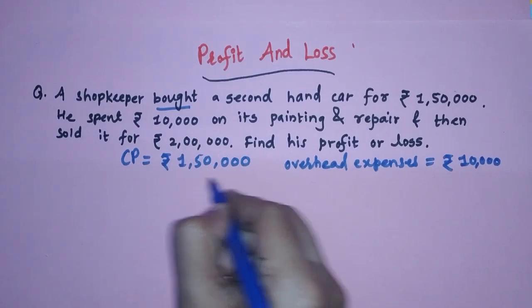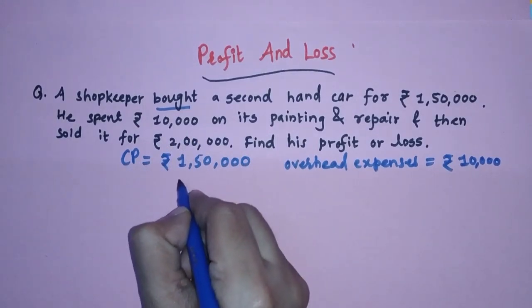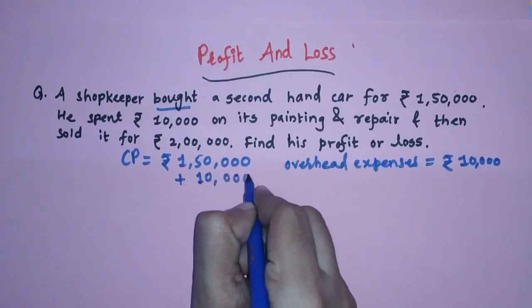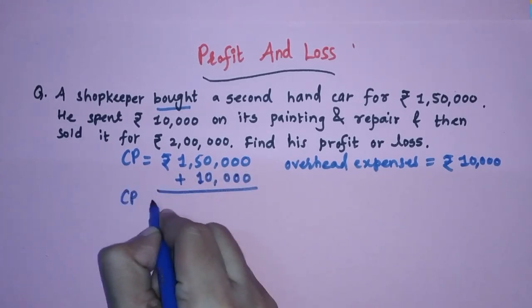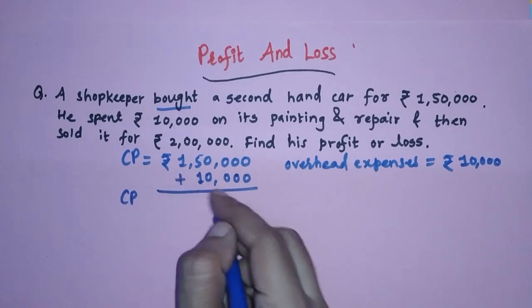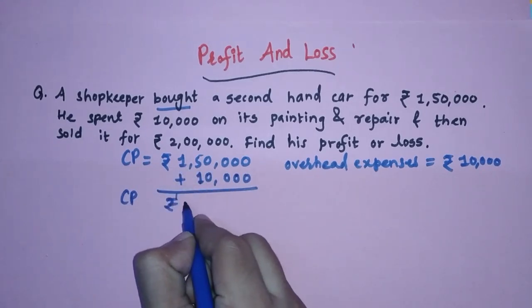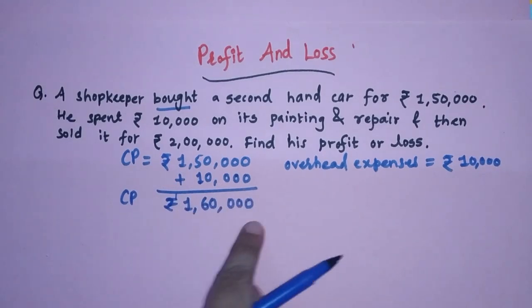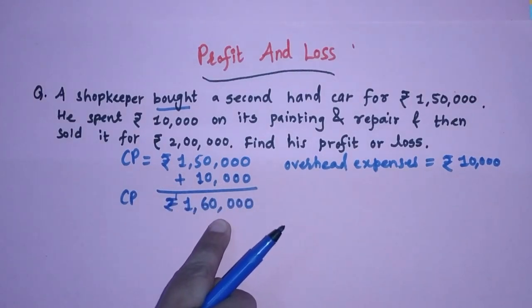If overhead expenses are given, then only do the addition. So the current CP will become rupees 1,60,000.